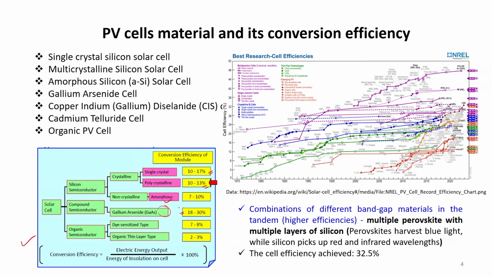In today's market, more than 90% of solar cells are silicon based. Under organic semiconductors, we have the dye sensitized type or organic thin film type. The efficiencies of these categories are low compared to the other solar cells.